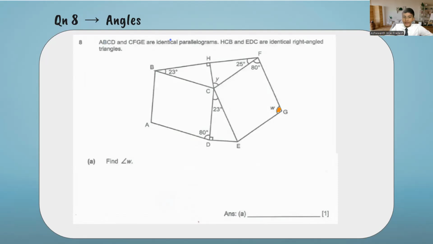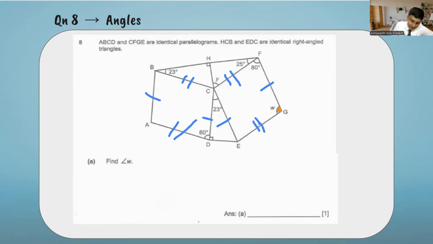Did you realize that identical parallelograms means that they are all identical? And because they are parallelograms, this side is equal to this side, equal to this side, and this side is equal to this side, equal to this side.